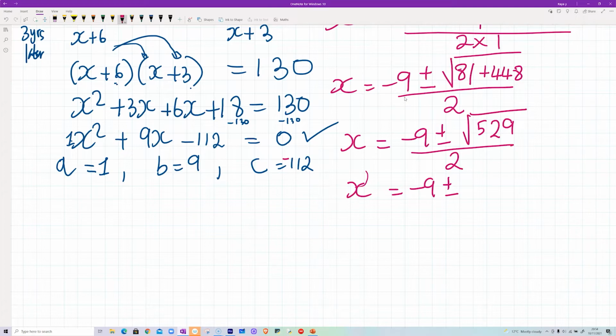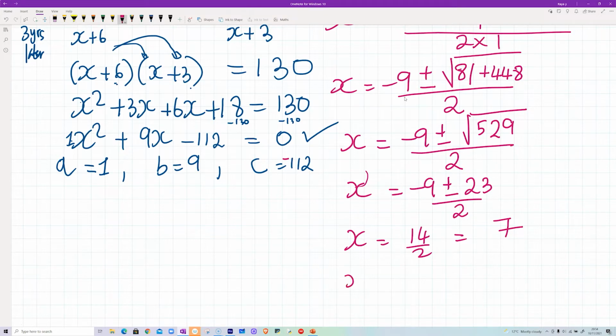So I'm going to put plus or minus 23 over 2. So if we take the plus, then we have x equals negative 9 plus 23, which is going to be 14. So 14 over 2, that's going to be 7.